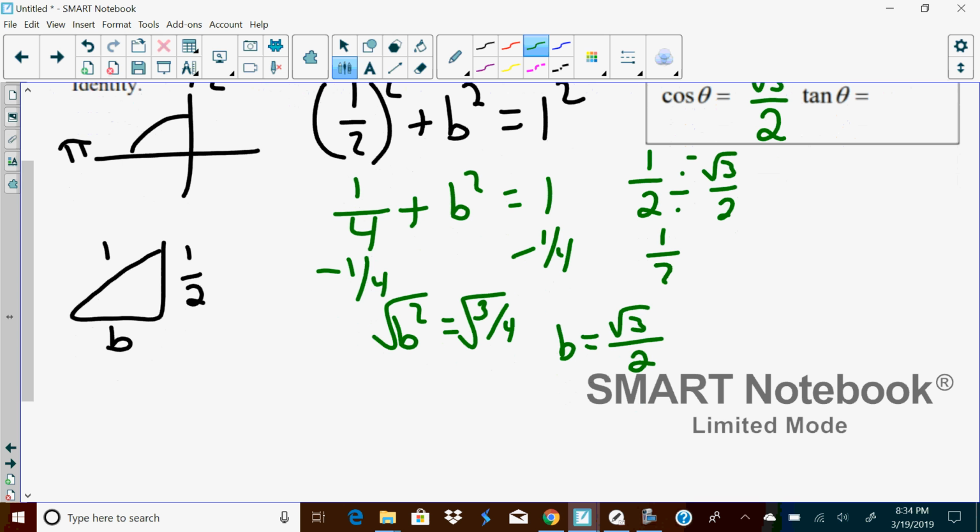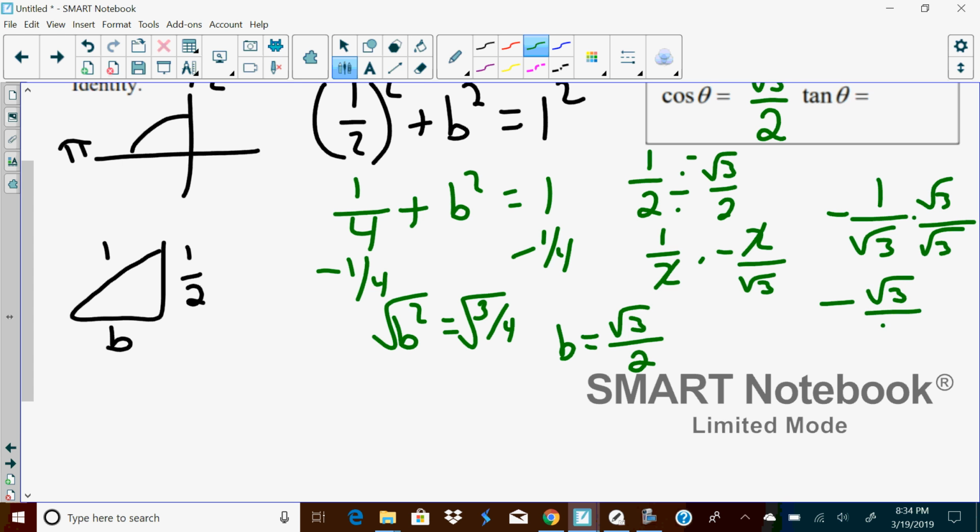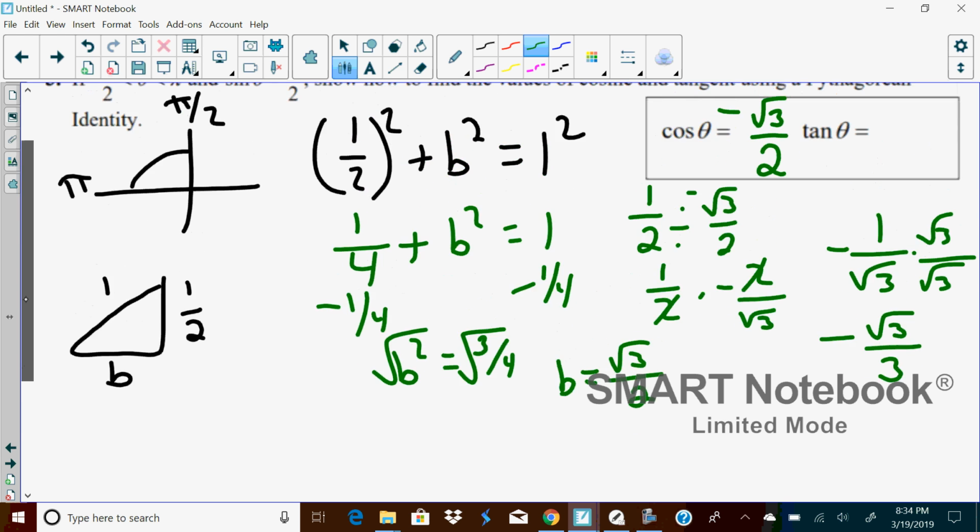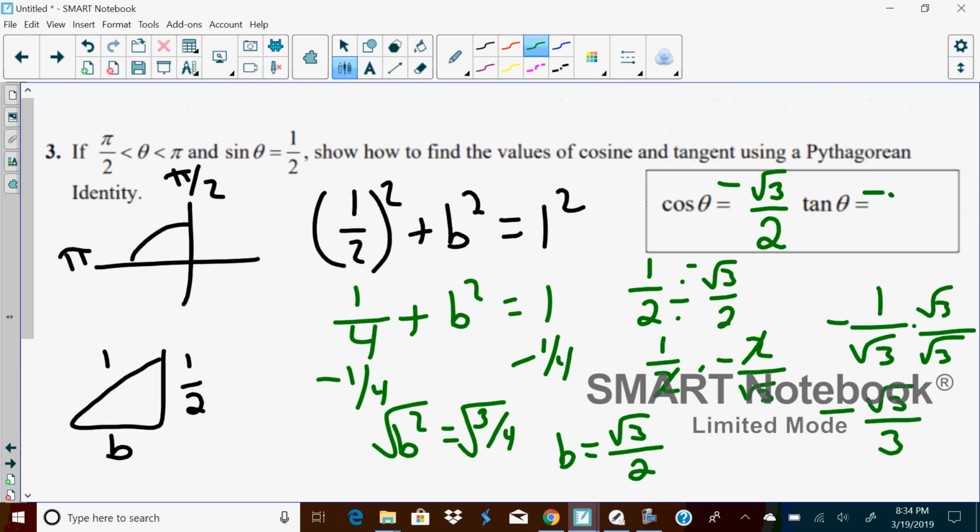So I'm going to do 1/2 times negative 2 over the square root of 3. So these are going to cancel out, and I get negative 1 over the square root of 3. And then I rationalize it, multiplying by the square root of 3 over 3. So I get negative the square root of 3 over 3. So tangent is negative radical 3 over 3.